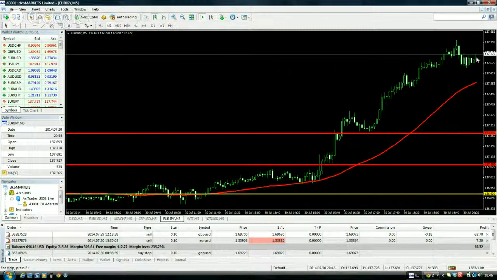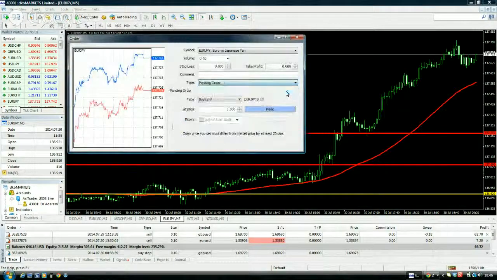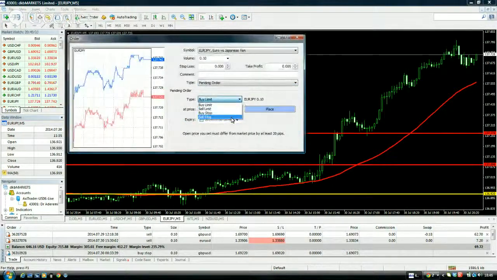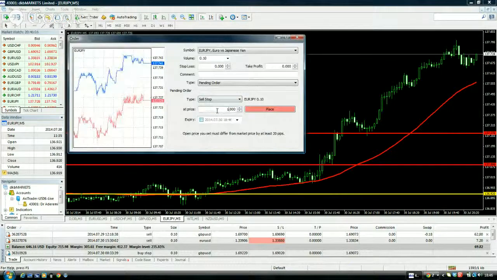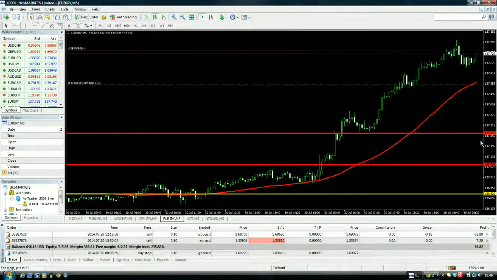So I'll put my pending sell order just below the moving average 50, which is currently 137.56, at 137.55. Again, 20 pips stop loss, and then I'll just keep moving that along with the moving average.